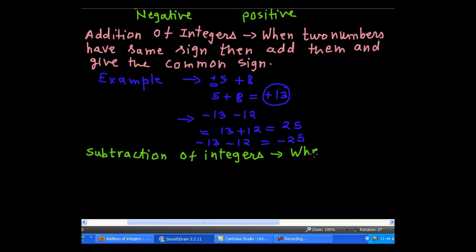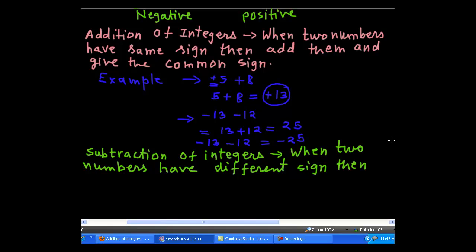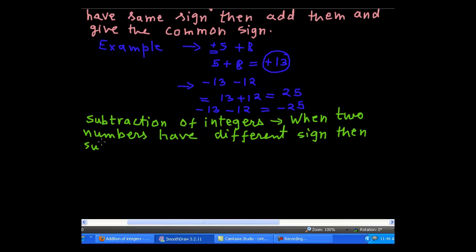When two numbers have different signs, then subtract them and give the sign of the bigger number.